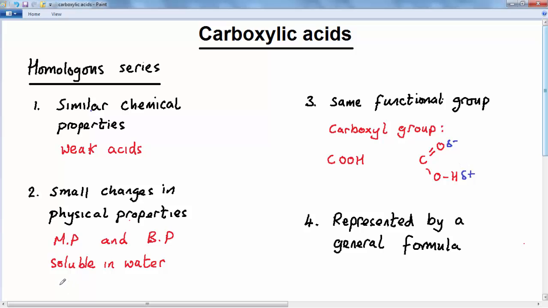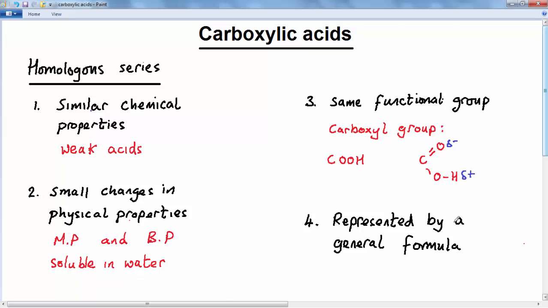Now we should also mention that this solubility decreases as we move down the group. As we've already emphasized, that's what we'd expect because this is characteristic of homologous series, that there are small changes in the physical properties as we move from one member to the next. So the solubility also changes as we move from one member to the next in the series.